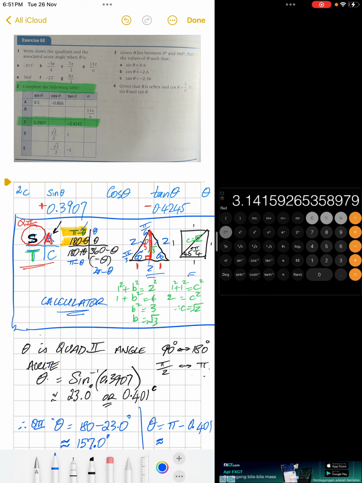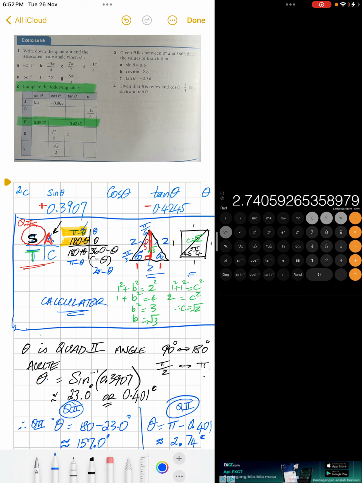So pi minus 0.401 equals 2.74 radians, and that's 3 significant figures. Yes, that is a quadrant 2 angle, and yes, 157 is a quadrant 2 angle.